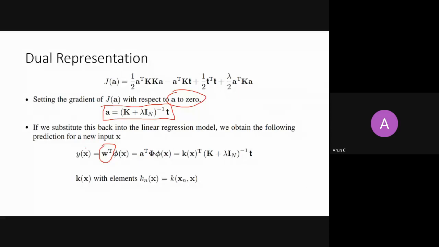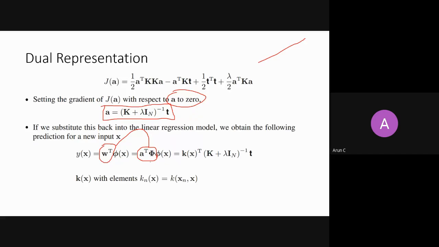So at the time of prediction, if W was my line, right? So it was intercept and slope. So W transpose is nothing but a line. But here I have written W in terms of A. So W transpose is nothing but A transpose phi. Right?